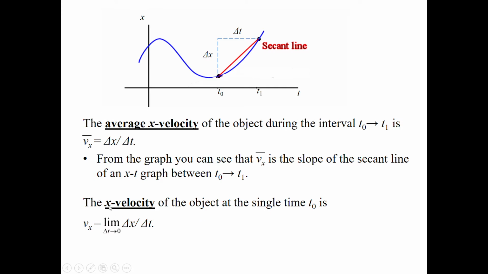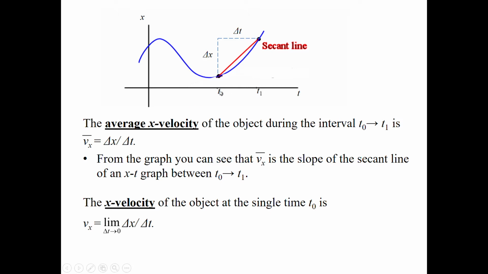The definition of the x velocity, or sometimes called the instantaneous x velocity, it only corresponds to a single time, t0, is, well, all you do is take the average x velocity, delta x over delta t, but you do it over a very tiny time interval.